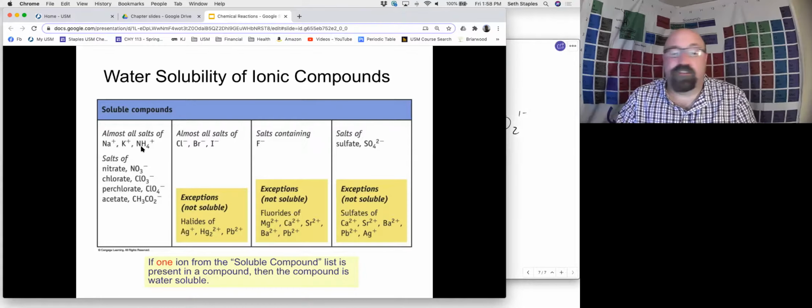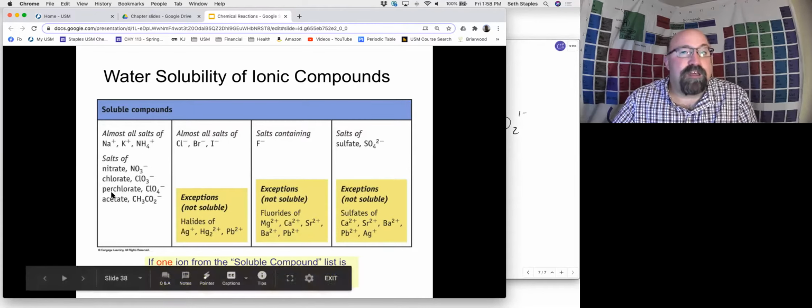Doesn't matter what else it's paired with. Doesn't matter what your negative ion is. If your positive ion is sodium, potassium, or ammonium, the substance will dissolve in water. It is soluble. Likewise, if your negative ion is nitrate, chlorate, perchlorate, or acetate, that substance will be soluble. Again, doesn't matter what the positive ion is. If your negative ion is any of these four, that is a soluble compound.